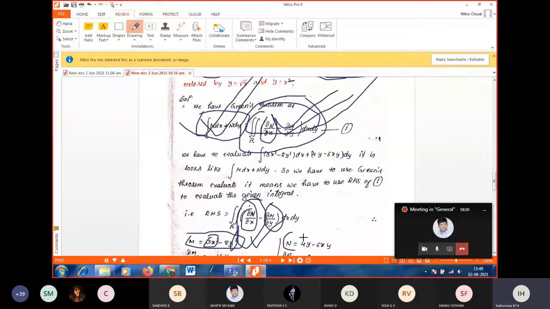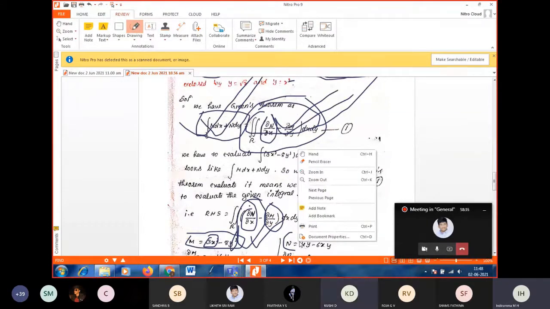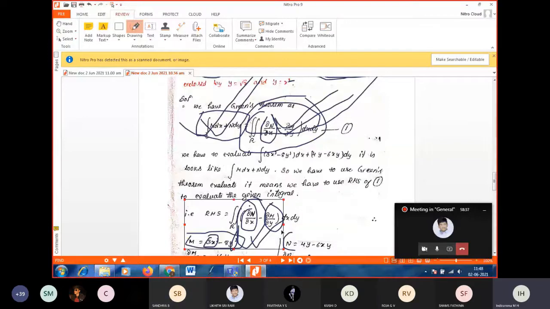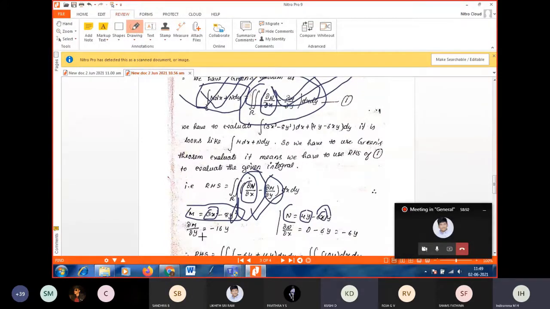So dou n by dou x is equal to, what's the differentiation of 4y? 0. 0 minus 6y, y is constant. Differentiation of x? 1. So 0 minus 6y, that is minus 6y. Is it right? Dou m by dou y is minus 16y and dou n by dou x is minus 6y.